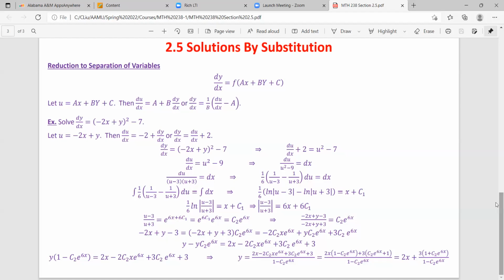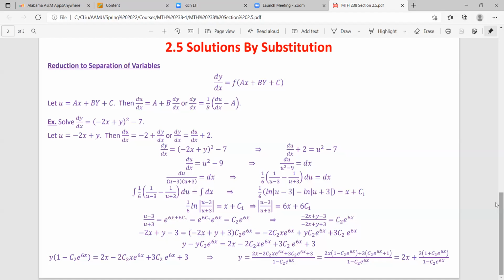So you can rewrite 1 over (u minus 3)(u plus 3) as 1 over 6 times (1 over u minus 3 minus 1 over u plus 3). You can rewrite this fraction in terms of the factors, and it becomes a difference. So then you can integrate easily on both sides.